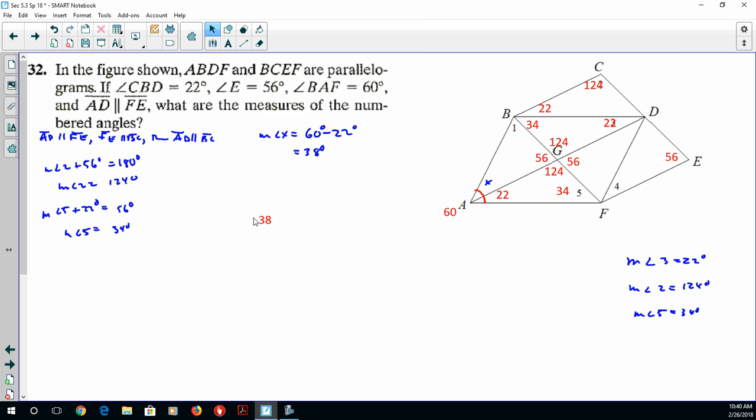And now we can get the measure of angle 1. I'm going to use the exterior angle theorem. 124 is an exterior angle for these two. So the measure of angle 1 plus 38 is 124 degrees.